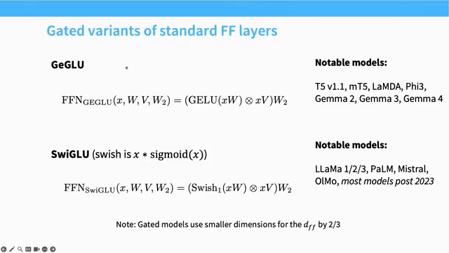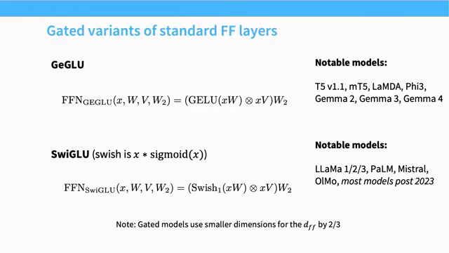Generally, the Google folks have used GEGLU, so like the Gemma models, the T5 models are those. And everything that's kind of like a Llama descendant uses a SwiGLU. So PaLM and the Llama descendants are all kind of SwiGLU models. I would say that SwiGLU is probably the more dominant one, but honestly, amongst the gated units, it doesn't really matter.